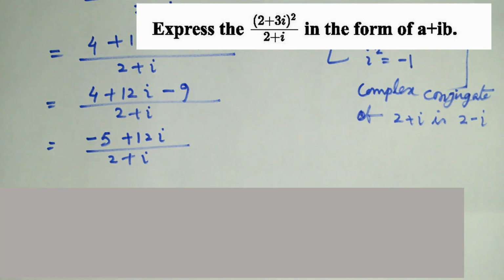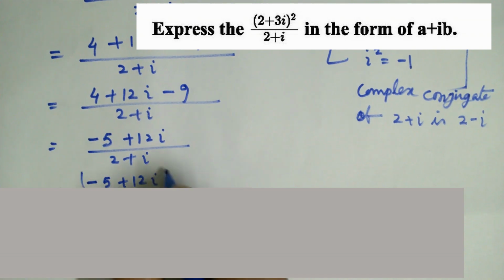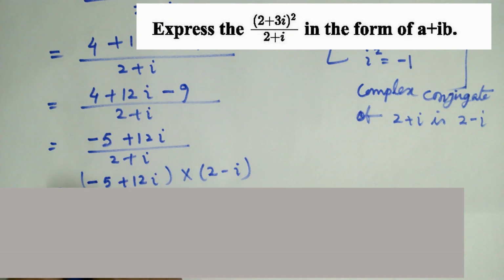Just simply replace i by minus i. Therefore, multiplying numerator and denominator by the complex conjugate, that means 2 minus i. So writing this: minus 5 plus 12i into 2 minus i, by 2 plus i into 2 minus i.